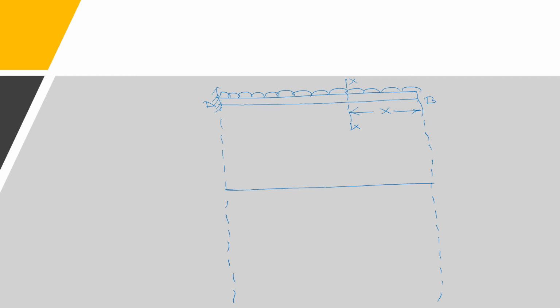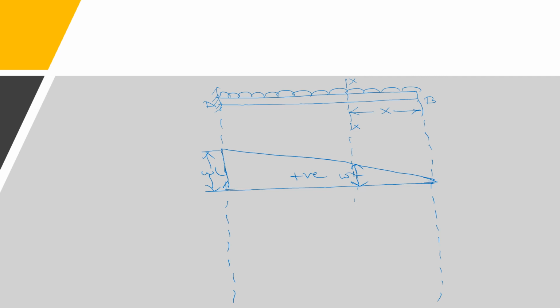So at B point the shear force value is 0 and at A point the shear force is W into L. So this is a straight line law. And at X point the shear force is W into X. So now draw a shear force diagram like this. Here at X section we'll get the shear force W into X and at A point this is W into L. And here this total shear force is positive.